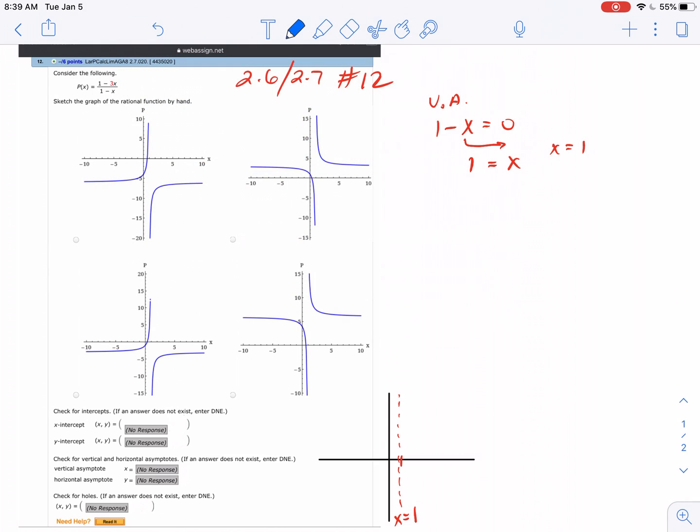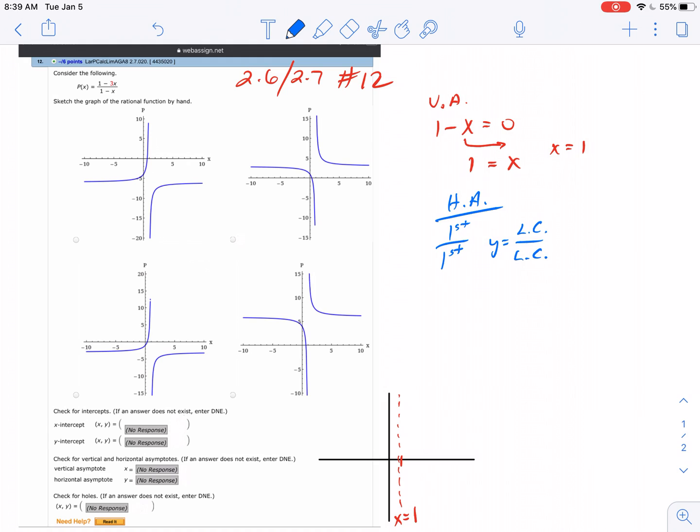Then I look for horizontal asymptotes. Now the top has an x to the first power. The bottom also has an x to the first power. So be careful, it's not in what we call descending order. But what that tells me then is I do y equals LC over LC, leading coefficient over leading coefficient.